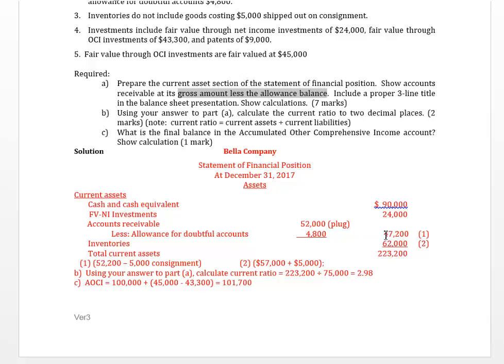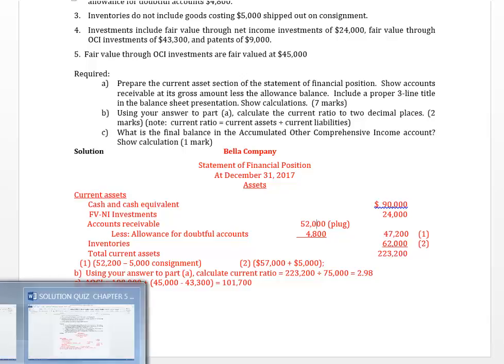So some students would have said, well, I'm going to take my $52,200 in accounts receivable at net and remove that $5,000 on consignment. So I'm going to wind up with a net balance of $47,200. So that's my net. So what number would I have to have at gross such that when I deducted that allowance, I would get that $47,200? Well, if I work backwards, it's $52,000.